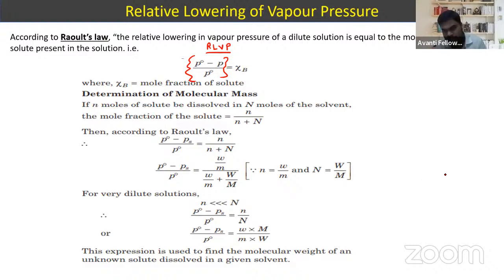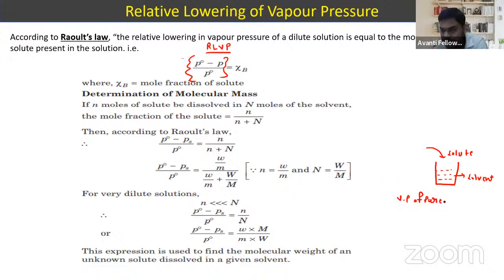Now, let me explain this with an example so that you can understand it easily. If we take any kind of solution, with some solute and this is your solvent, what do you mean by the vapor pressure of the pure solvent?